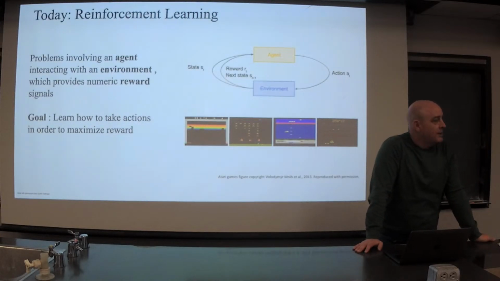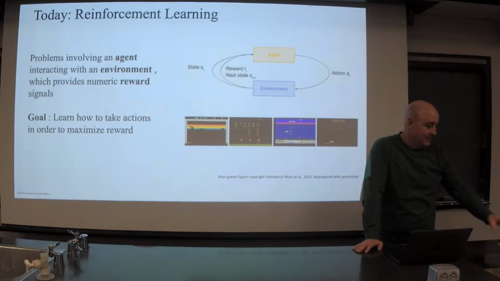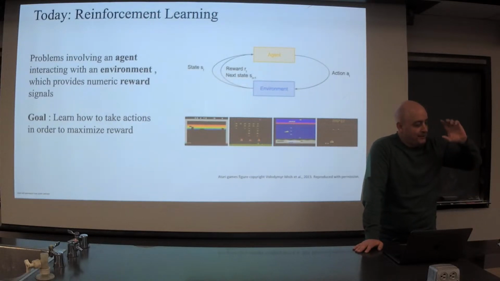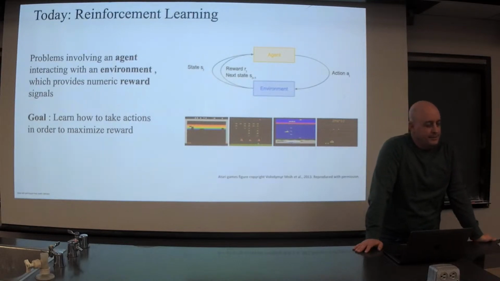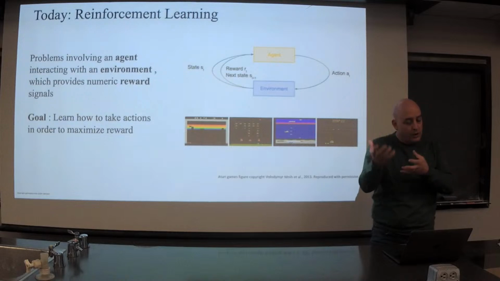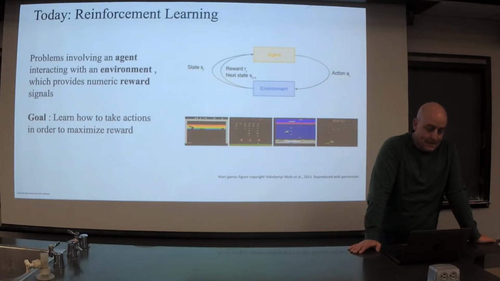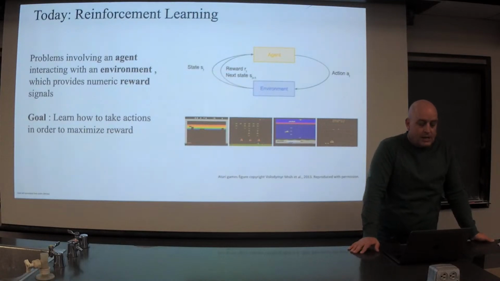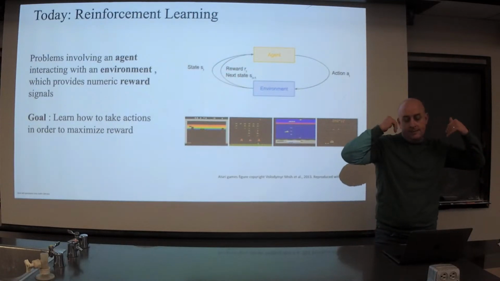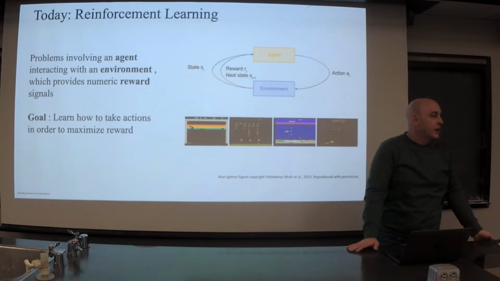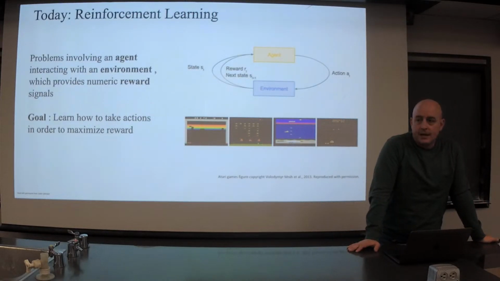That reward can be positive, teaching the agent to do actions like that, or the reward can be such that it's teaching the agent not to do actions like this. In general, these learning problems are posed so that we take actions to maximize our rewards in some sense.